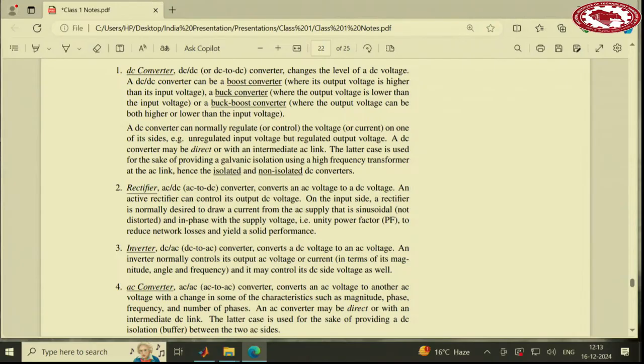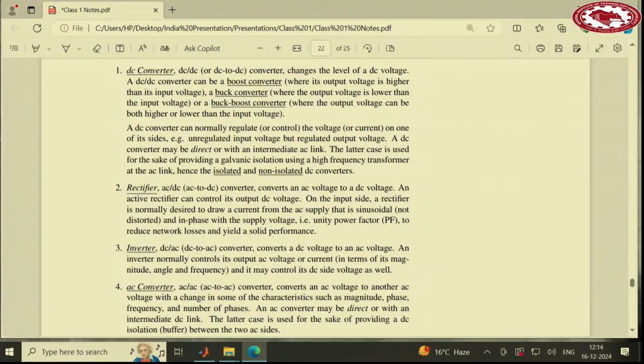We use the converter to either increase or decrease the voltage level. It's a buck converter when you want to decrease it, or a boost converter when you increase it. And in some applications you may want to have both types together, so we can have buck-boost converters.